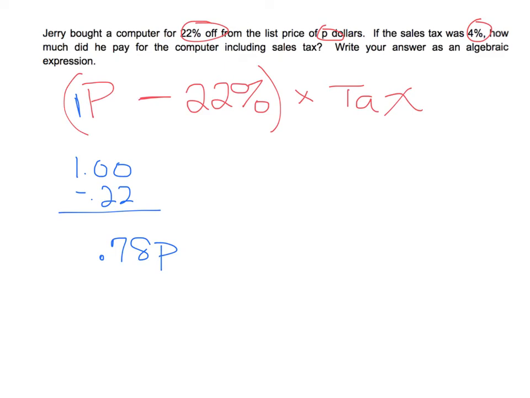Now, to this, we have to figure out the sales tax amount. So the sales tax is applied to this. And the sales tax is 4%. So we will times it by 0.04, not 0.4. 0.4 would be 40%.